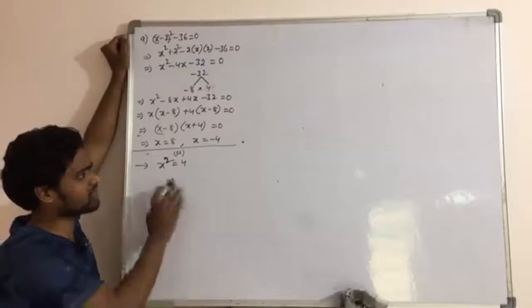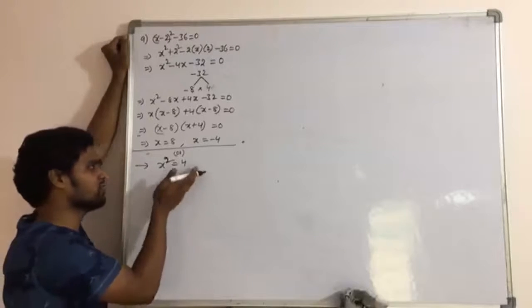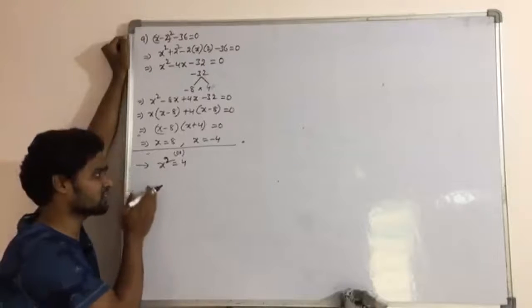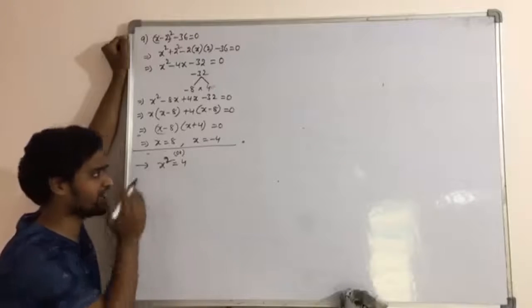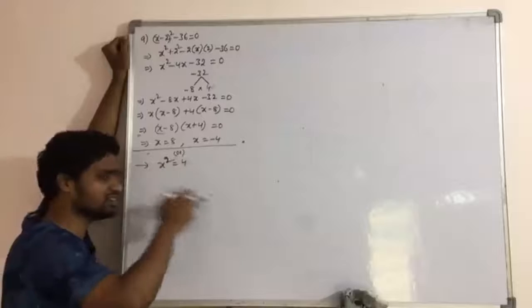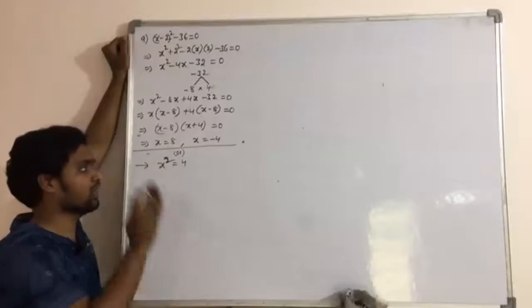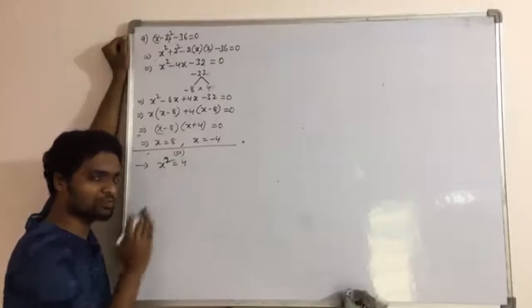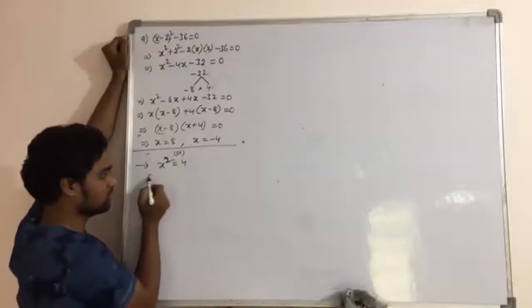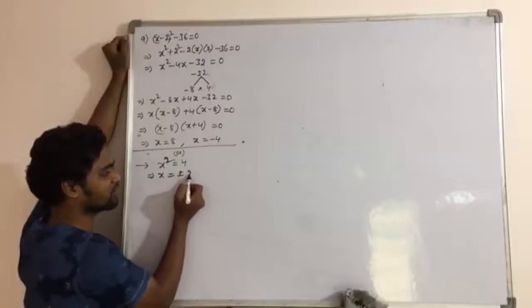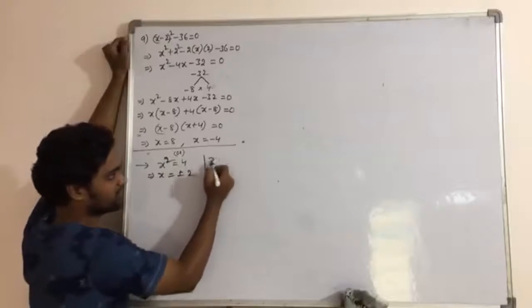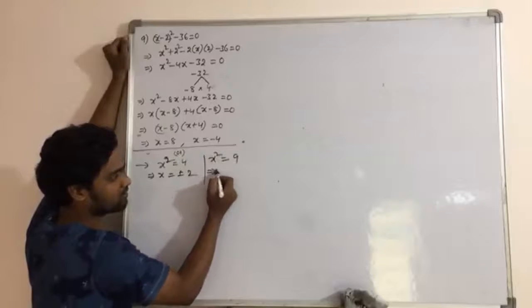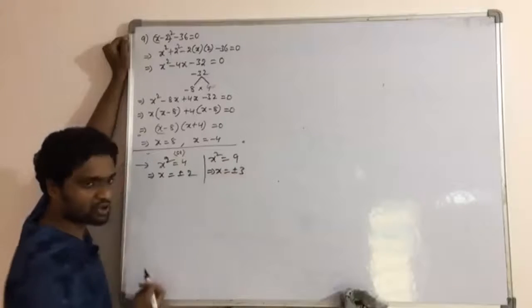So whenever you come across these type of questions, again are you going to bring 4 to LHS, apply a square minus b square formula, a minus b into a plus b, and again equate each term to 0? Are you really going to do all those steps again? No. Simply x is equal to plus or minus 2. That's it. x square is equal to 9. x is equal to plus or minus 3.